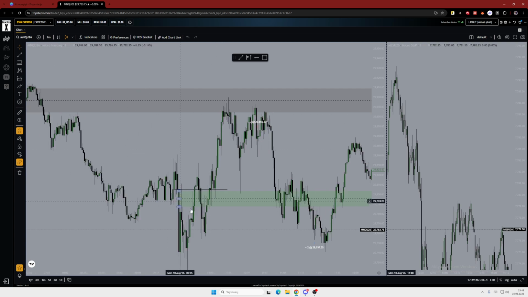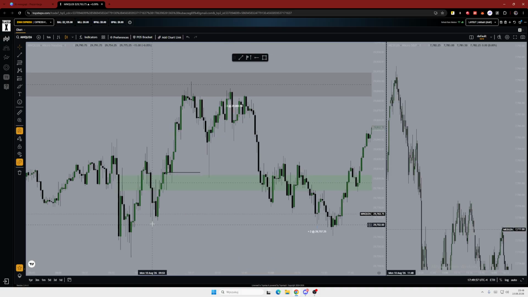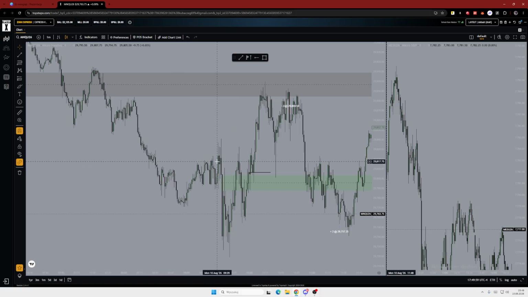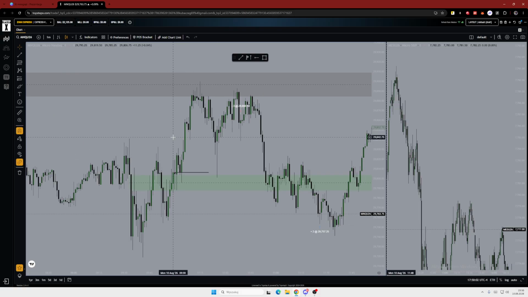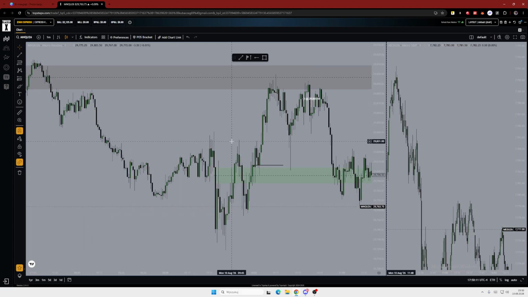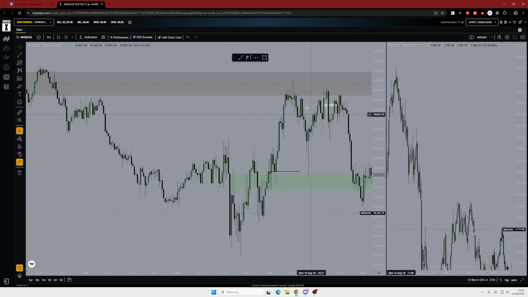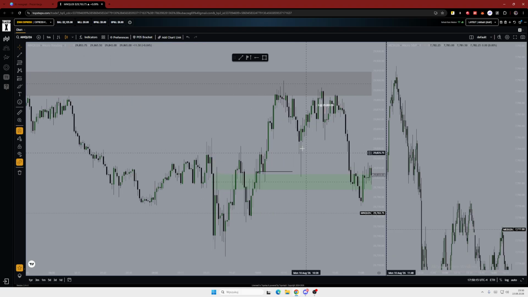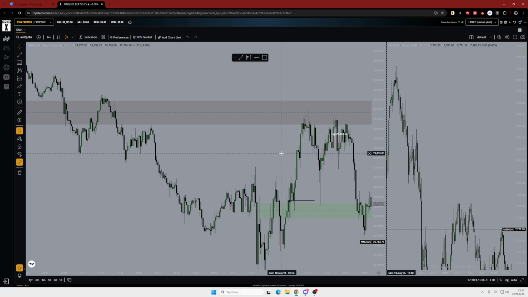Then 10 a.m. opens, and the thing that we lacked, which is distribution, is instantly done during the new PO3, which is for our open, the 10 a.m. open. We open, make a little wick to the downside around 15 points, 16 actually. Then we go straight up.